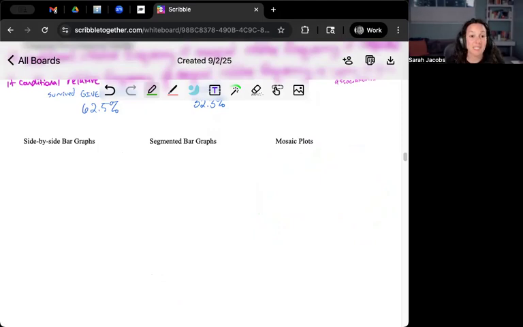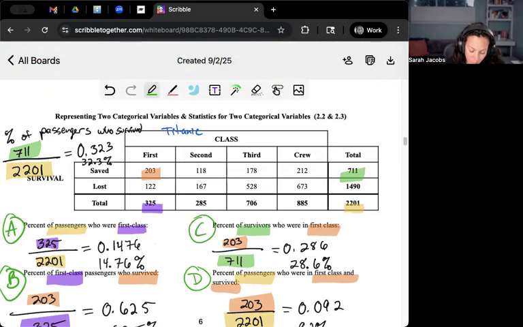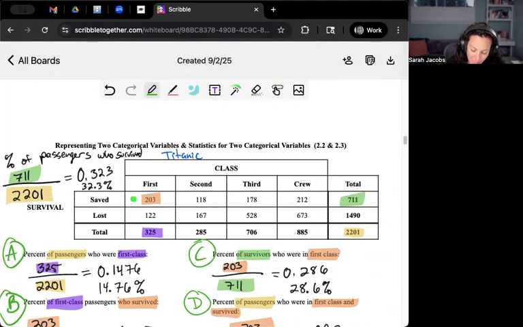We want to be able to see what's interesting. And so a side-by-side bar graph is a bar graph that has multiple categories. So it's kind of like we're making a bar graph of class for the people who survived, and then we're making a separate bar graph of the class for people who didn't survive. But then we're putting them right next to each other.